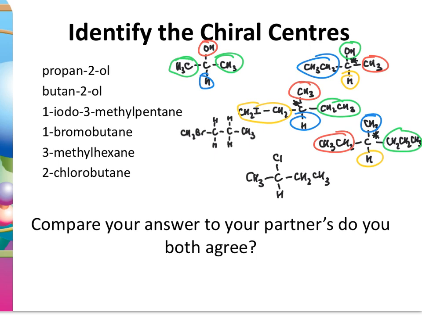And then lastly, we've got 2-chlorobutane, and we've got a methyl, an ethyl, a chlorine, and a hydrogen. So we also have a chiral center there. So we have 1, 2, 3, 4. So 4 out of those 6 molecules exhibited optical isomerism and have a chiral center.